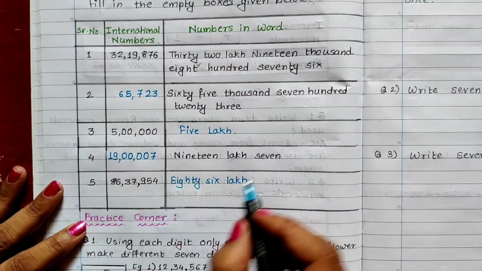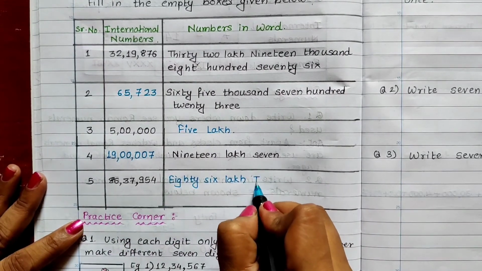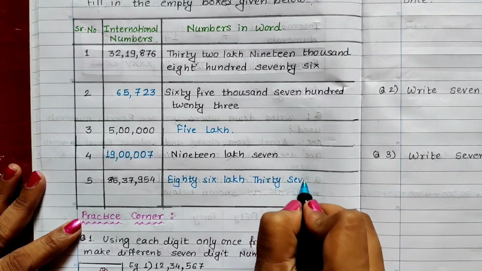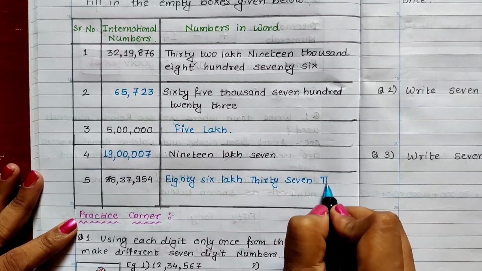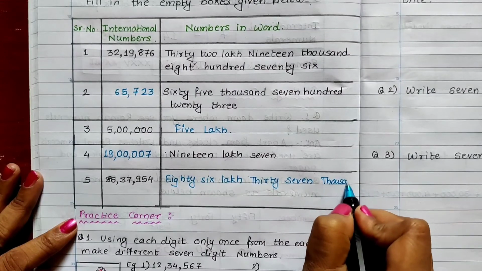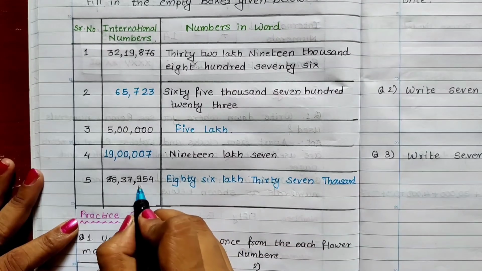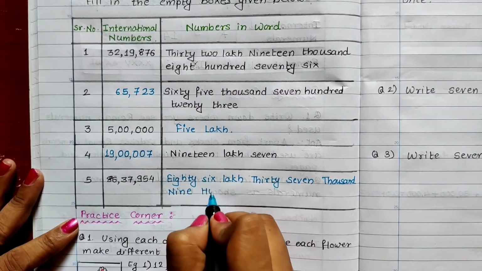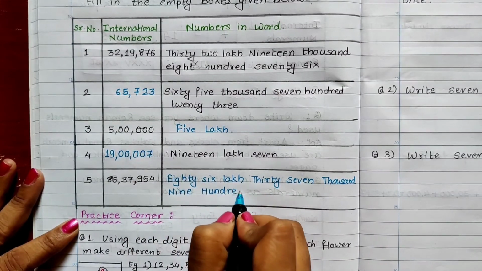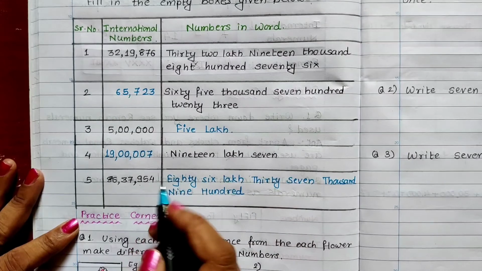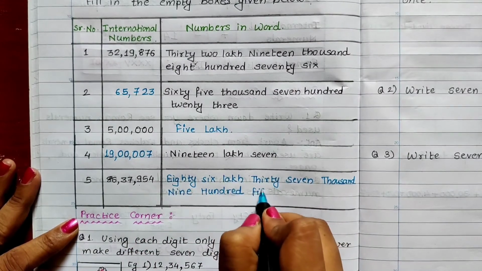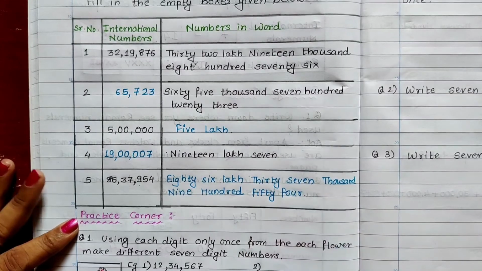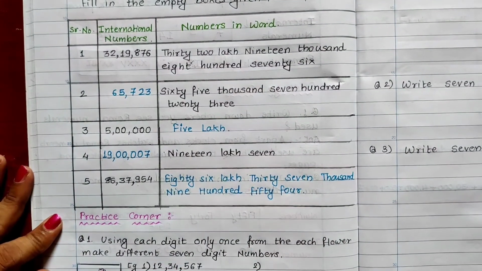After 37 we write 1,000. 37,000. Okay. Then 9 is at the 100 place, so we write 900. And the last two digits, what do they make? 5, 4, 54. So in this way you can complete this chart.